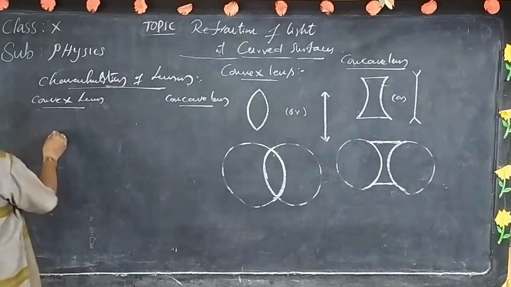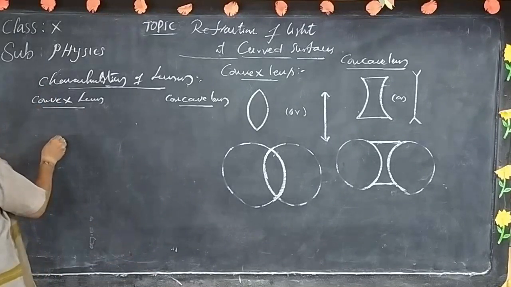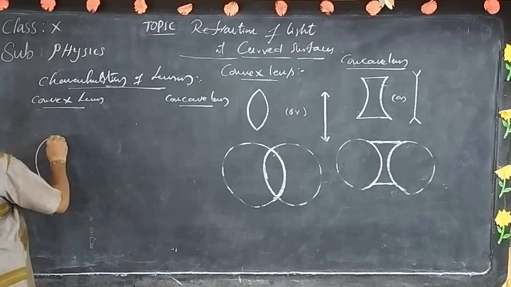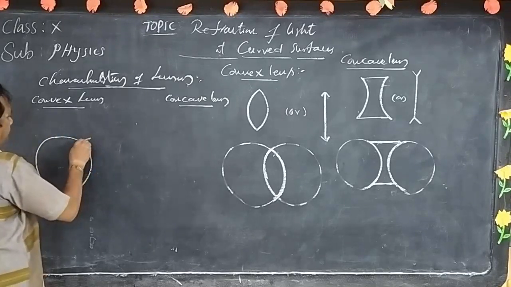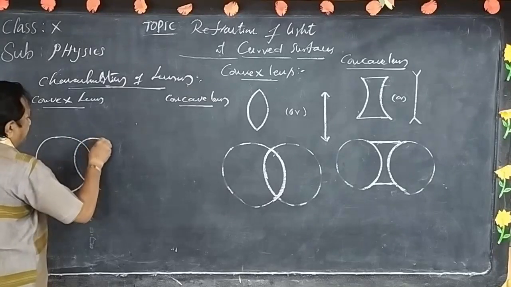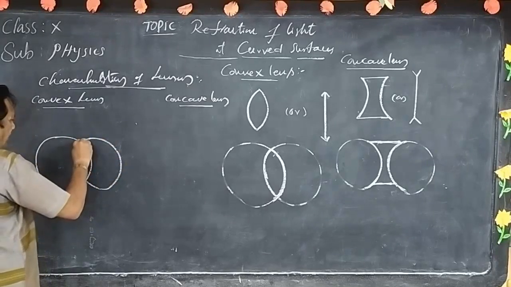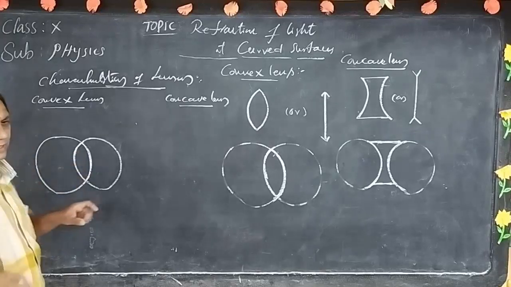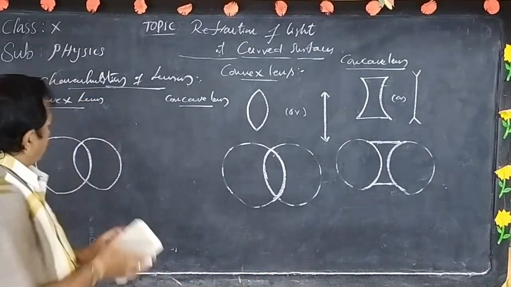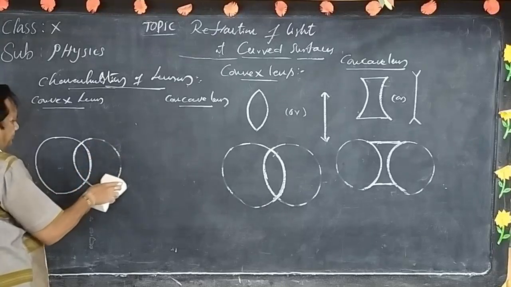A concave lens has two spherical surfaces bound together. Like that. Here, these two spherical surfaces will be attached.